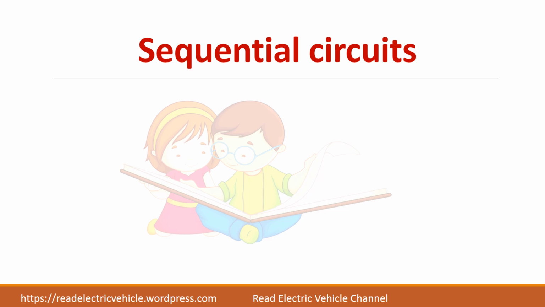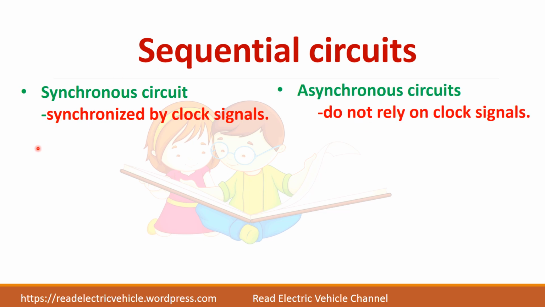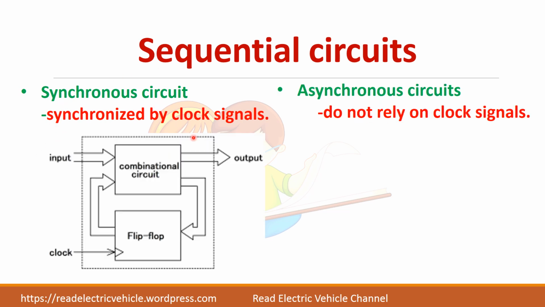There are two types of sequential circuit. One is called synchronous sequential circuit. Another one is the asynchronous sequential circuit. In a synchronous sequential circuit, you see here it is a sequential circuit. You have a clock pulse here. Only if this flip-flop receives its clock pulse will it change its output.